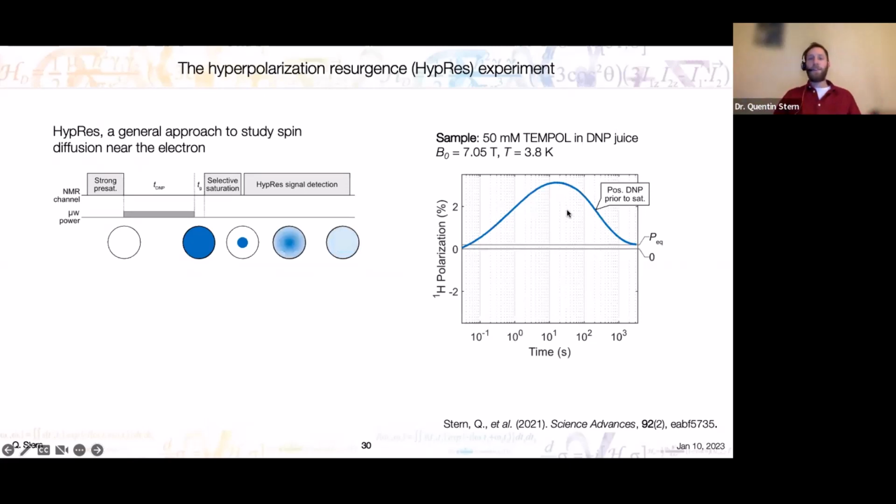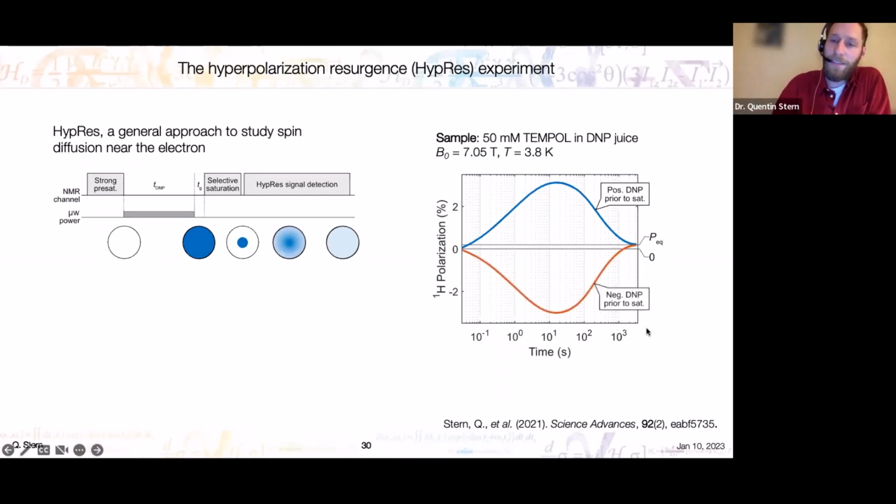As an example, this is a curve at 3.8 Kelvin in DNP juice at 7 Tesla, where we have polarized the spins with positive DNP and then saturated the visible spins and recorded the re-equilibration. First, we see the polarization rising because the polarization that was not affected by the pulses near the electron resurges onto the visible spins.